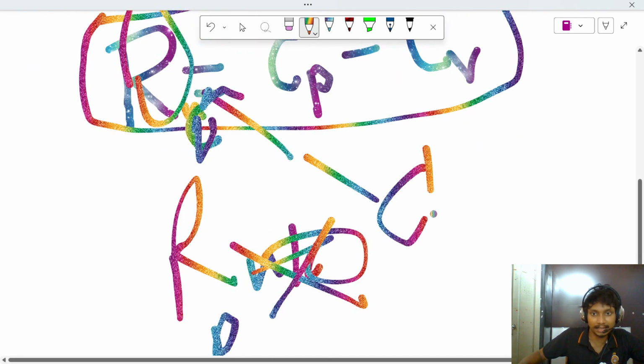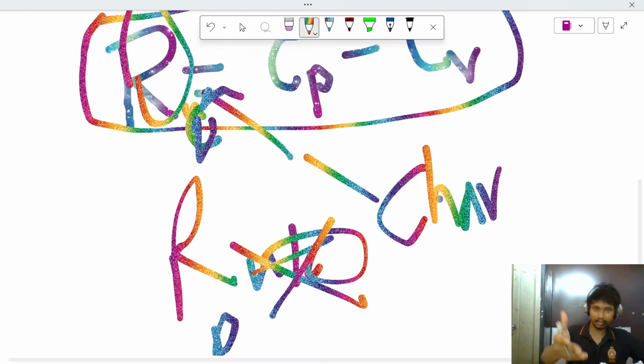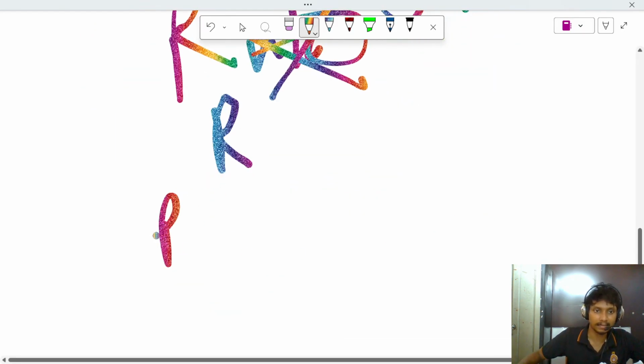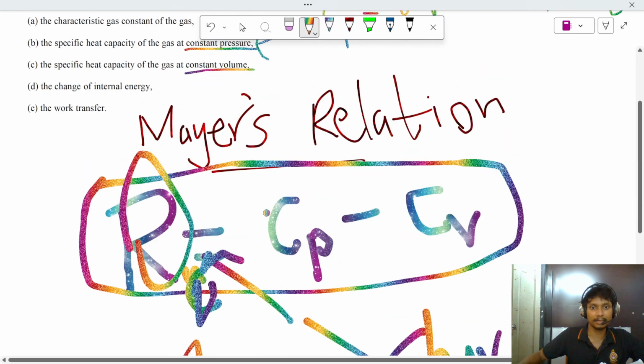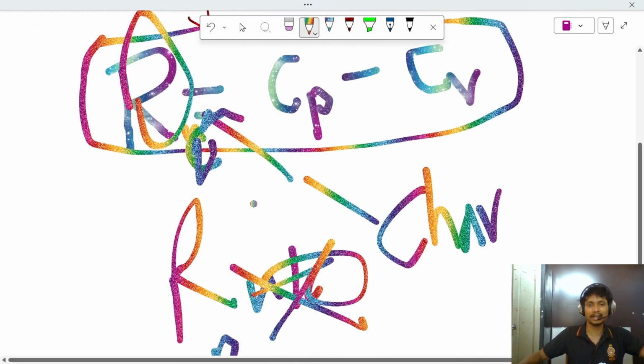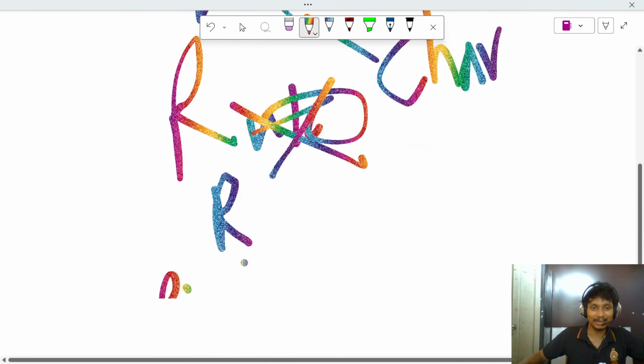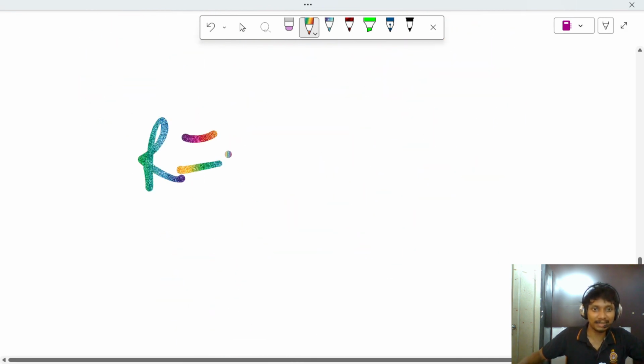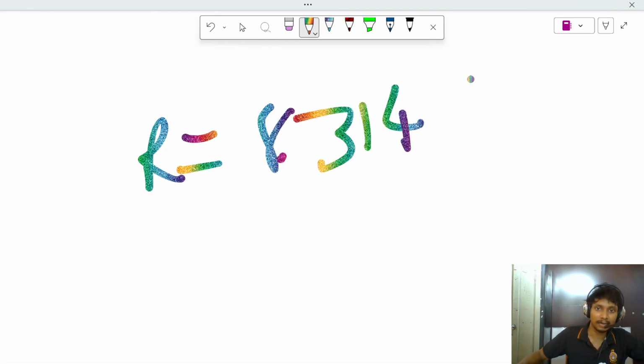We already found this characteristic R in part A. If you memorize this equation, R is equal to Cp minus Cv, you can quickly find it.